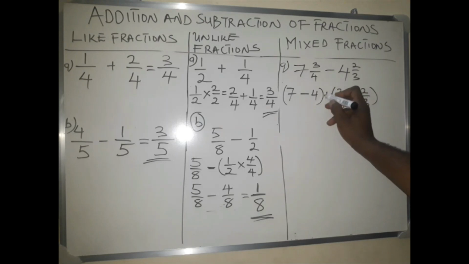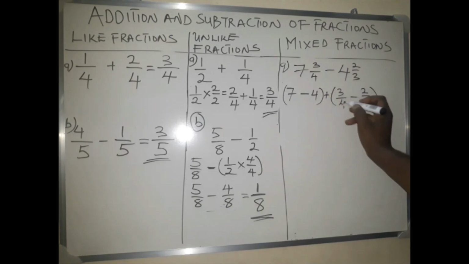Once again, you can see that these two are not like fractions. 3 over 4 minus 2 over 3, they are not like fractions. So what do we do? We convert them to like fractions.